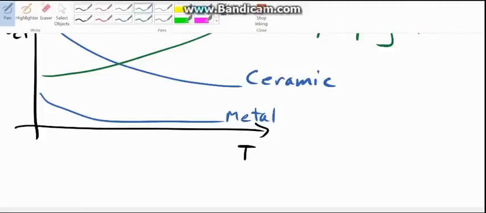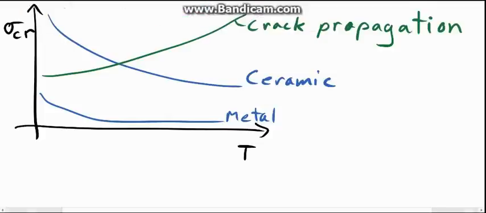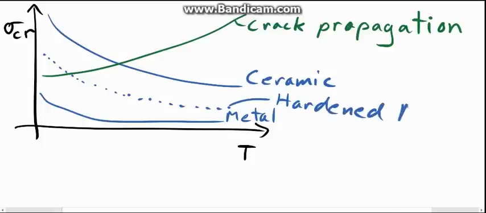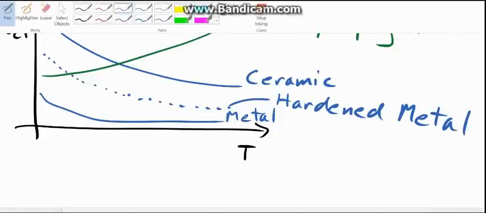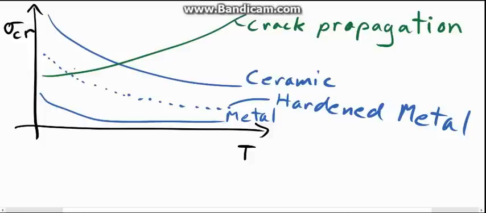Also, we can see that if we increase the critical stress for plastic deformation in a metal using hardening, we can make this critical stress for dislocation motion for a hardened metal, that this can start to interact with the critical stress for crack propagation.